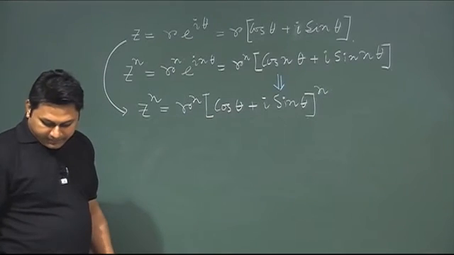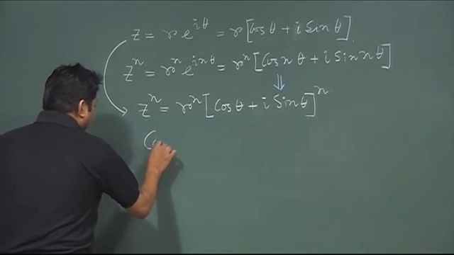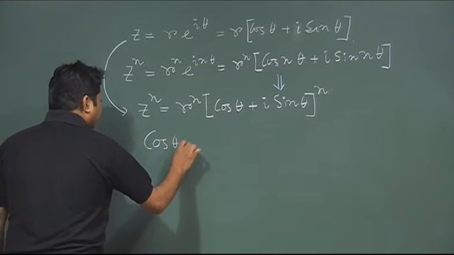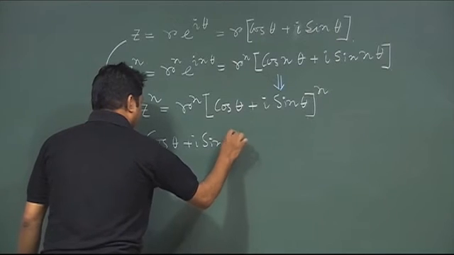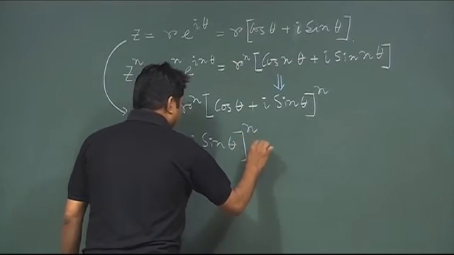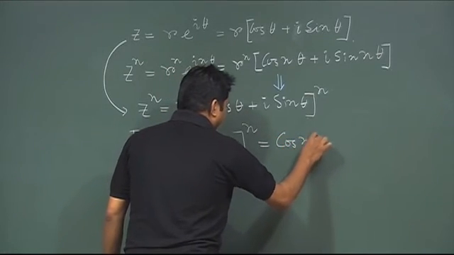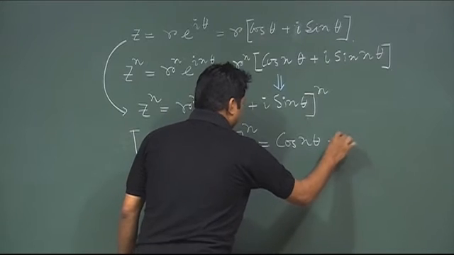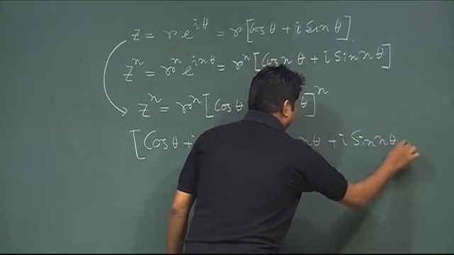If they are the same, then we have something interesting, and this suggests that cos theta plus i sin theta whole to the power n is equal to cos of n theta plus i sin of n theta.